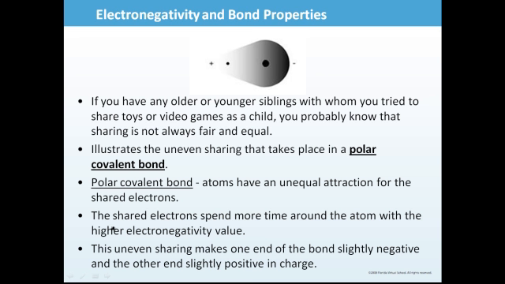One person is going to have the TV more often than the other, or have the toy or the video game more frequently. So there is sharing going on. They both have the opportunity to use the television, as an example, but one is definitely using it more than the other. This is an example of uneven sharing. There is sharing, but it's definitely not a fair or even situation.